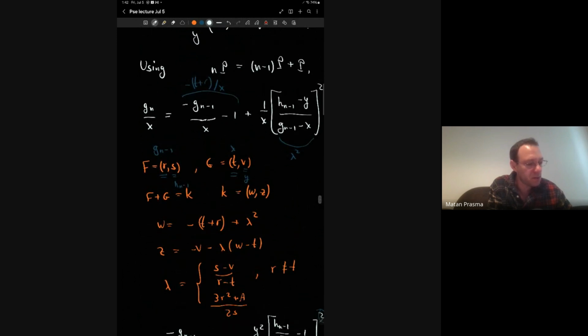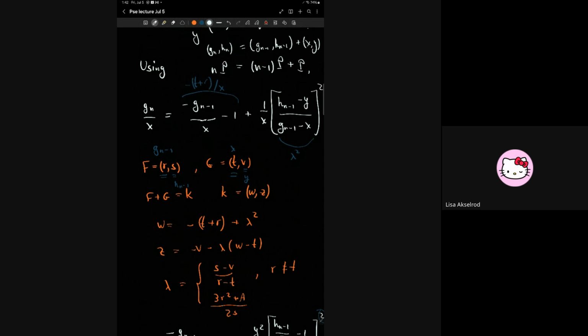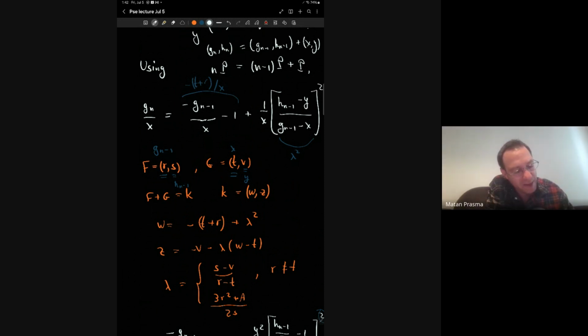So I have n plus 1 P is equal to nP plus P. This means that I can say that gn hn is equal to gn minus 1 hn minus 1 plus xy, right? I didn't write the variables of gn and hn and so on, okay?